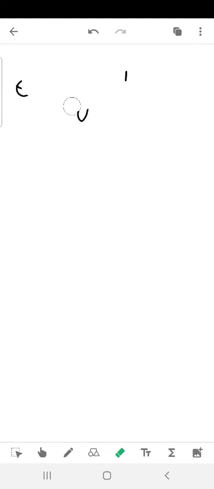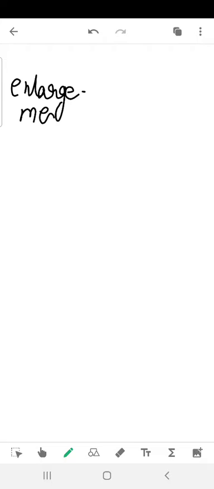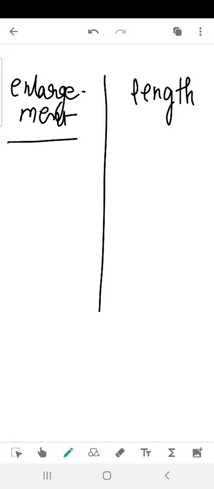This is enlargement, and the other one is the length of the bacteria. Length, I will write length. Okay, so these are the two parts.